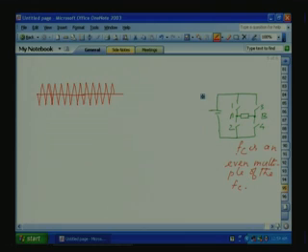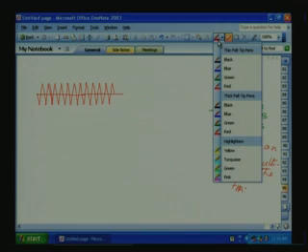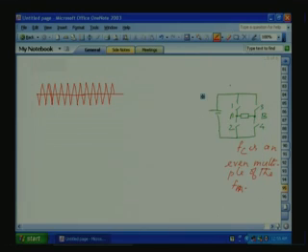Previously, we were using 11 times. Here we will use 12 times. So we can write FC is equal to 12 FM. This is an even multiple.